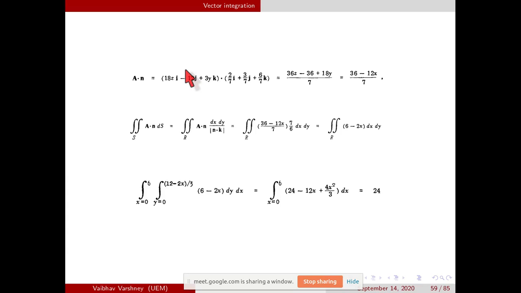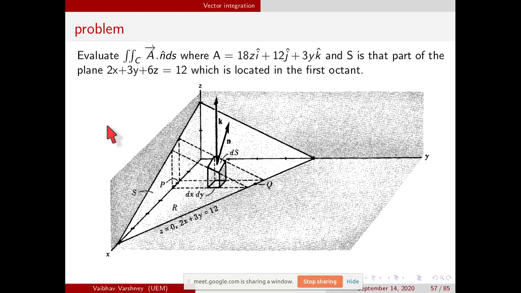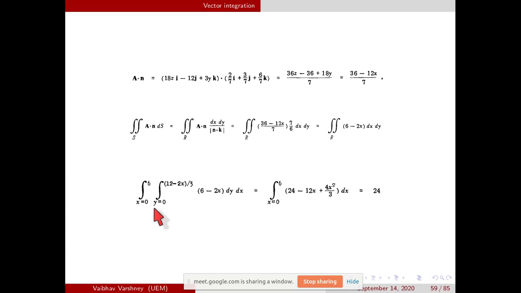So this y goes from 0 to 12 minus 2x by 3, and if we put y and z both 0, then we will get x equal to 6. So the x limit will be 0 to 6, and the y limit will be 0 to 12 minus 2x by 3. And now we just need to integrate this first with y, then with x, and just put the limits. You will get this answer.